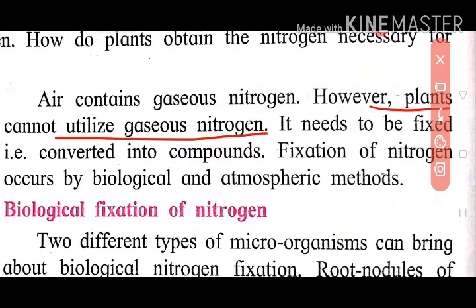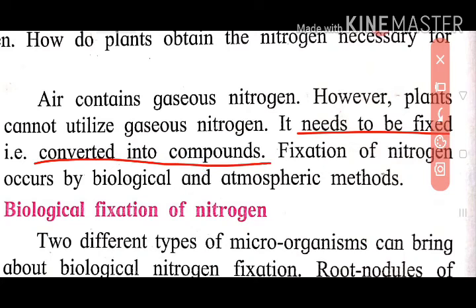Plants cannot absorb that nitrogen directly from the air. It needs to be fixed, that is, converted into compounds. If that nitrogen is converted into compounds, then it can be used by trees and plants. For that, fixation of nitrogen is important. And how is the nitrogen fixed, that is, converted into compounds?